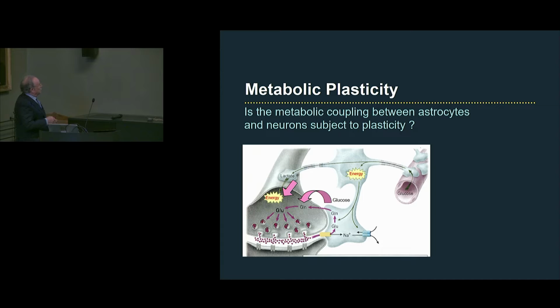A lot is known about synaptic plasticity, an increase in the postsynaptic receptors, an increased release, gene expression. But all these observations are neuronal. So we said, does this coupling adapt during plasticity? Or maybe is it even necessary for plasticity?